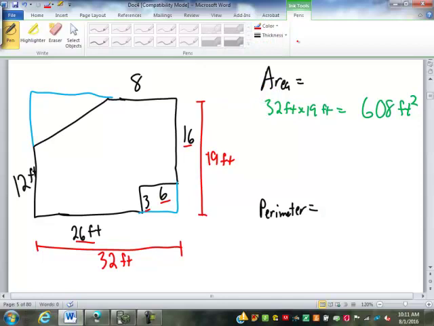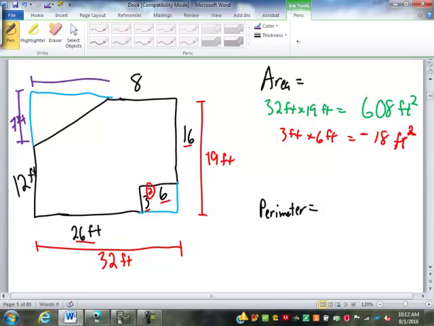So now we're going to subtract out this piece here. I'm going to call that piece number 2, which is just 3 feet by 6 feet, which is 18 square feet. So we're subtracting that. Then I have to find the size of this triangle. What's this dimension right here? That'll be 7 feet.